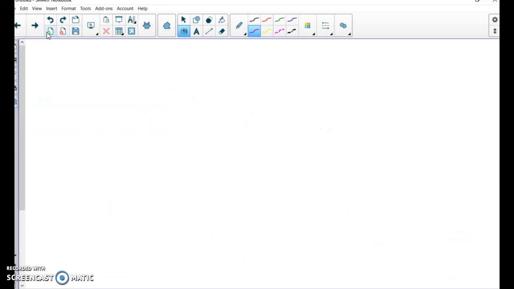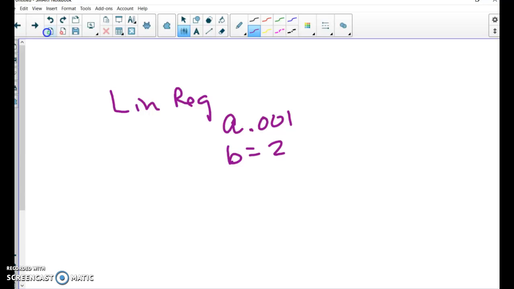I'm going to put a new sheet in here. Linear regression. In the calculator screen, we see A, 0.001. We see B to be about 23.8. And then we see our R value of 0.7.